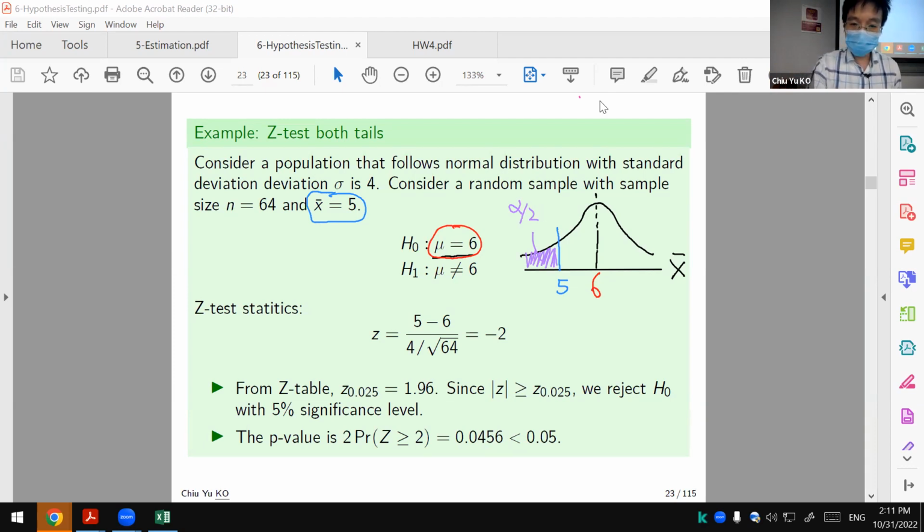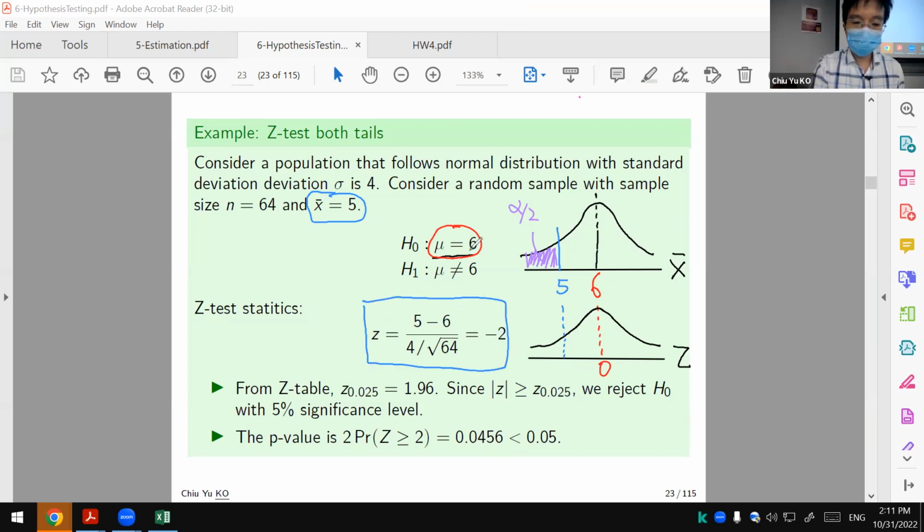What we are doing is very simple. We just transform this to Z. Z is here, and this is 0. You draw this again, and here's the blue thing. The blue thing is exactly what we have done: you subtract 6, divide by sigma over root n, and this gives -2.